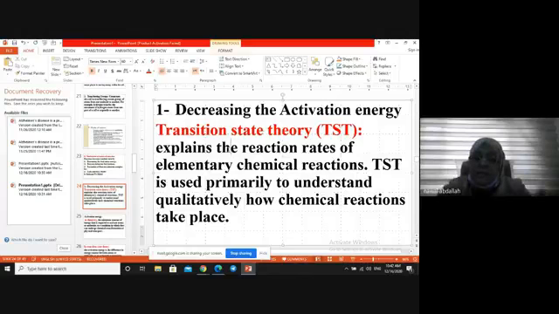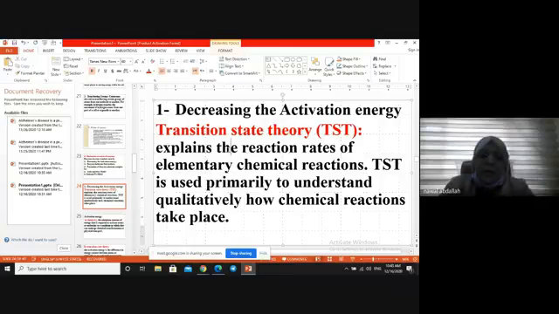Transition state theory is used primarily to understand qualitatively how chemical reactions take place. So this theory is very important for knowing the steps and mechanisms of chemical reactions.